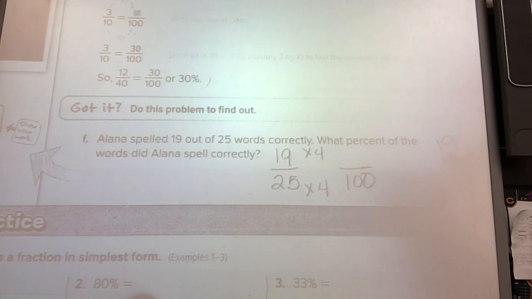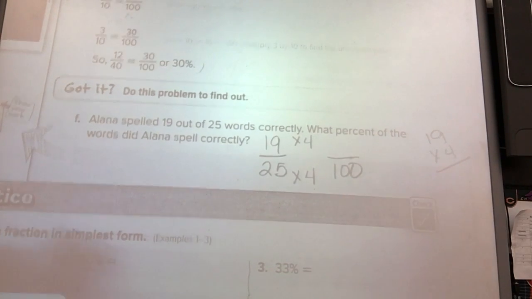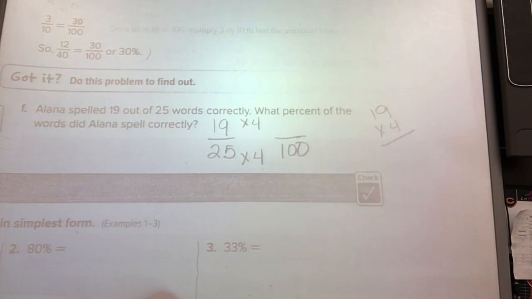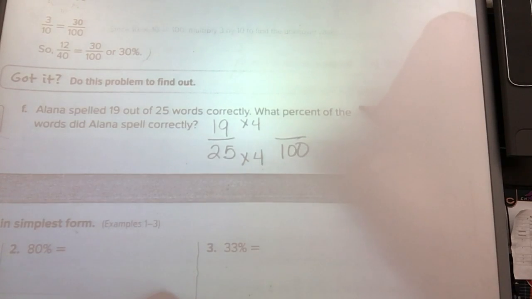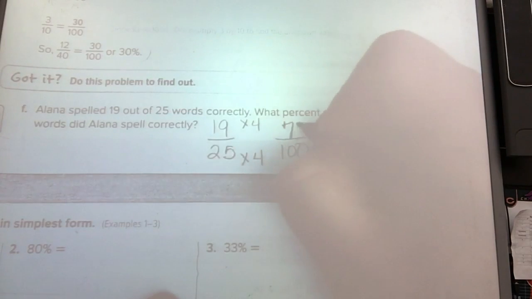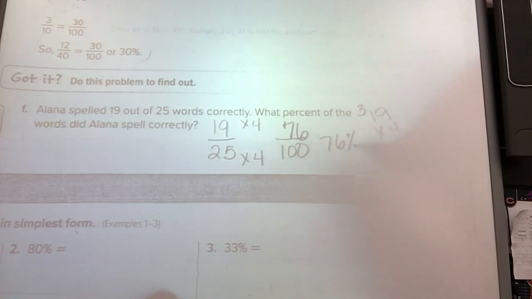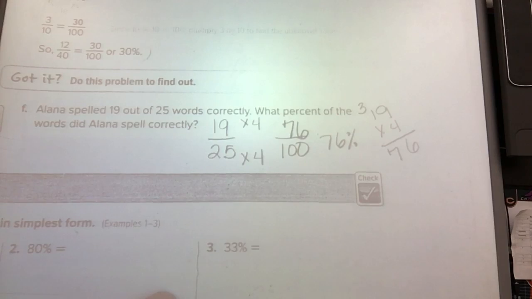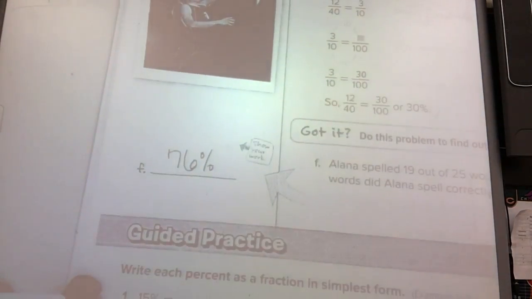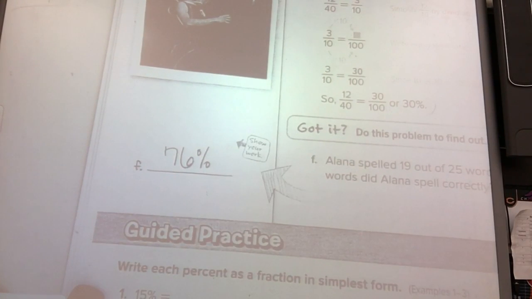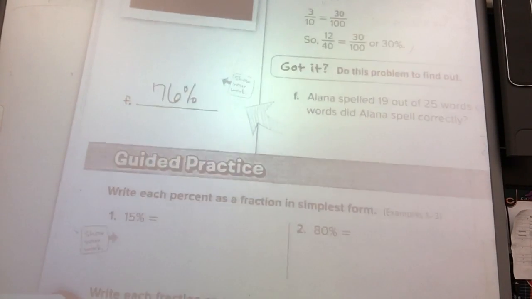So 19 times 4, I'm going to do off to the side. 76. So what percent does she spell correctly? Any number over 100, that is your percent. So it is 76%. So I'm going to write it over here, 76%. So you don't always have to go down and then go up. It depends. If you can make it to 100, then do it as 100. Okay?